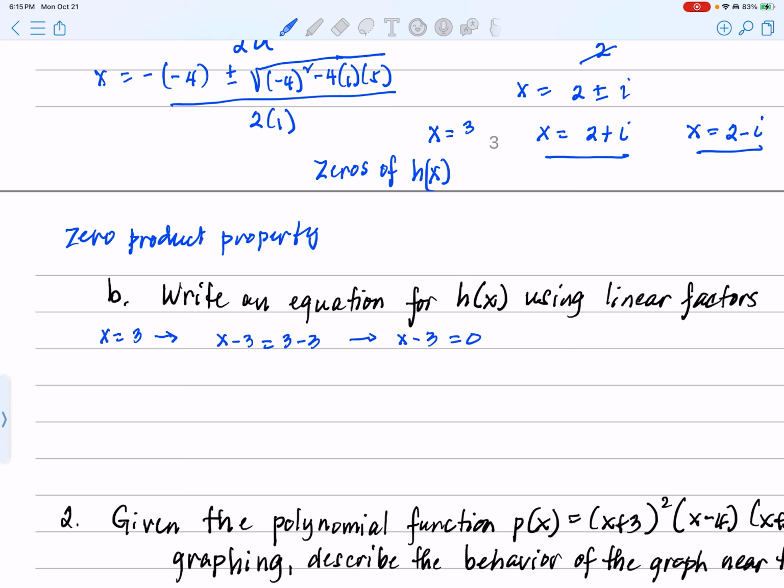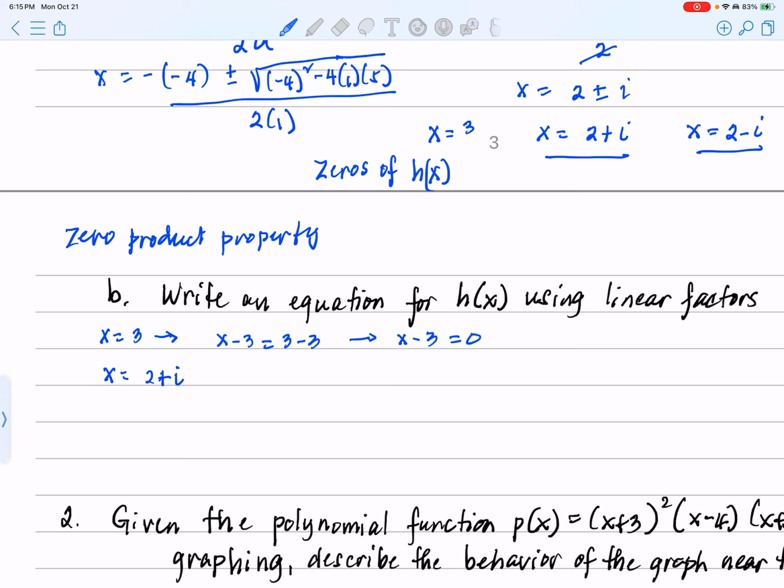And I do the second one for x equals 2 plus i. Oops, sorry. x is equal to 2 plus i.